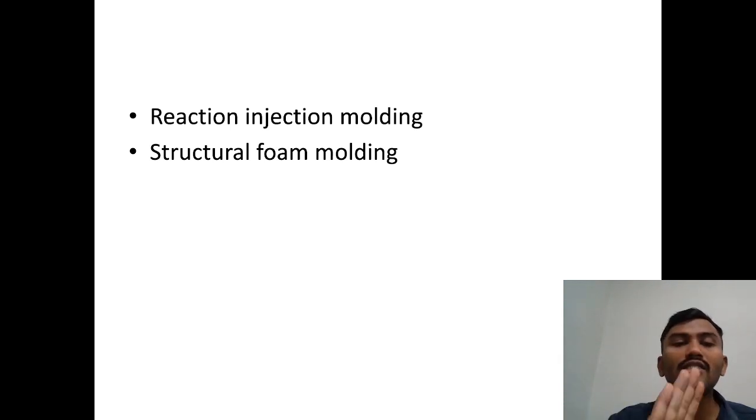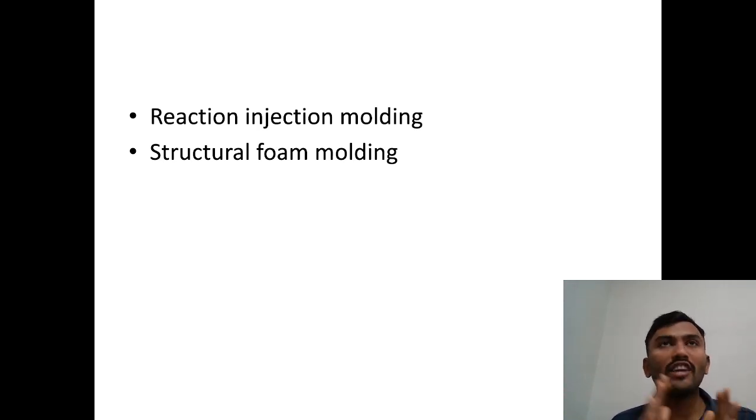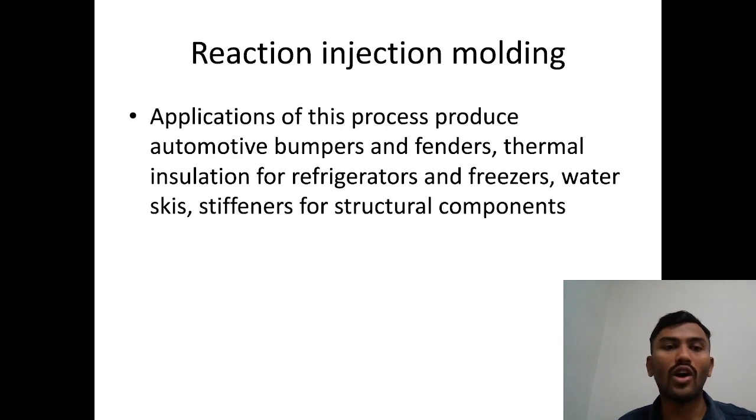The process remains the same as we discussed in injection molding, but the pressure is different in reaction injection molding and structural foam molding, and different products are made. We'll see the applications of reaction injection molding and structural foam molding.